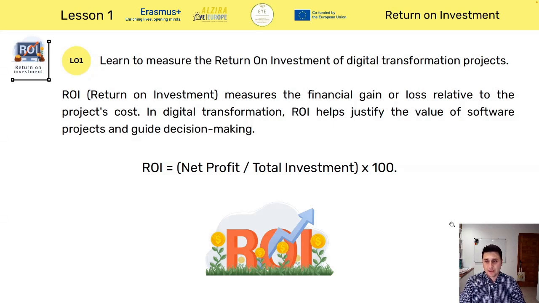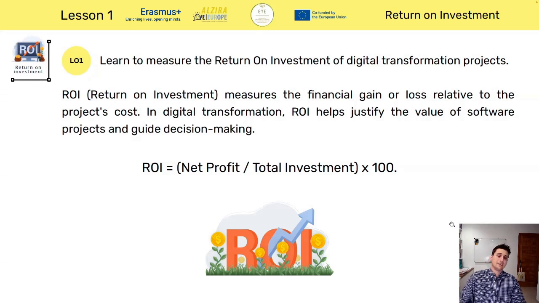which the learning objective is to learn to measure the return on investment of digital transformation projects. Okay, so ROI measures the financial gain or loss in a project.